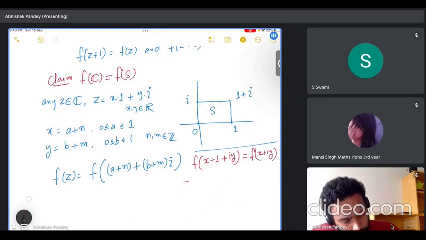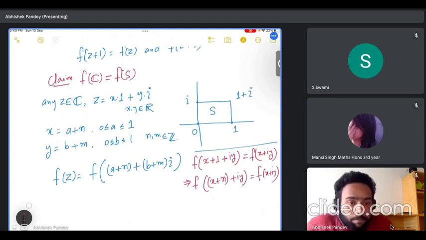This implies that f of x plus n plus iota y is also f of x plus iy, isn't it?